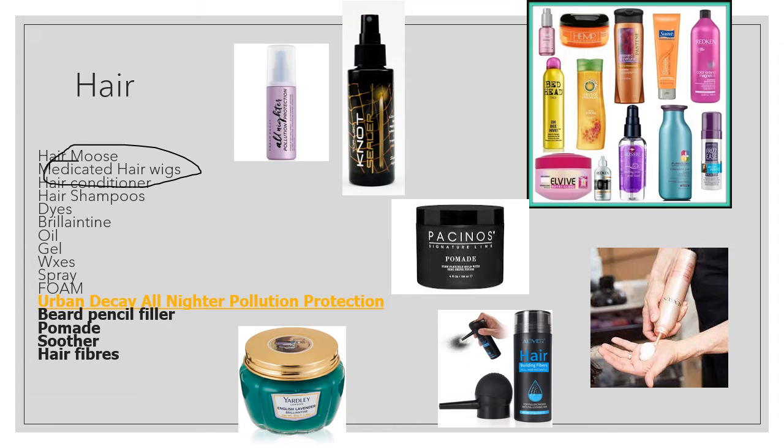These are medicated hair wigs. People who have alopecia, mostly the cancer patients who undergo chemotherapy, tend to lose hair. So besides minoxidil as a formulation, medicated hair wigs are something you can give as an option, like drug impregnated devices.